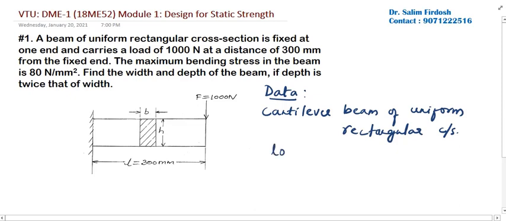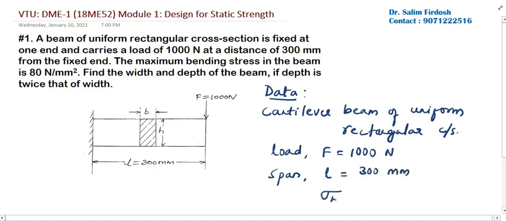The load F is given as 1000 Newton. The length of the specimen is given as span. I can say the span of the specimen is given as L is equal to 300 mm. The bending stress sigma B is given as 80 Newton per mm square.